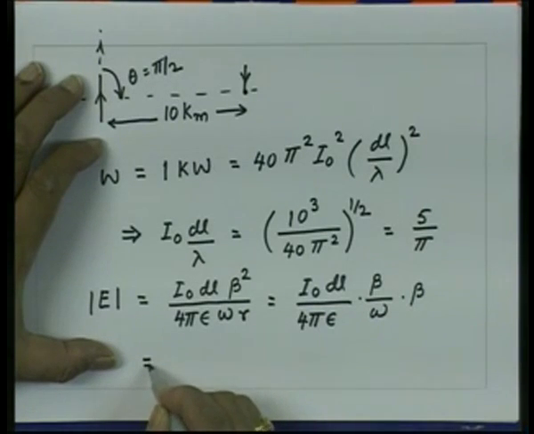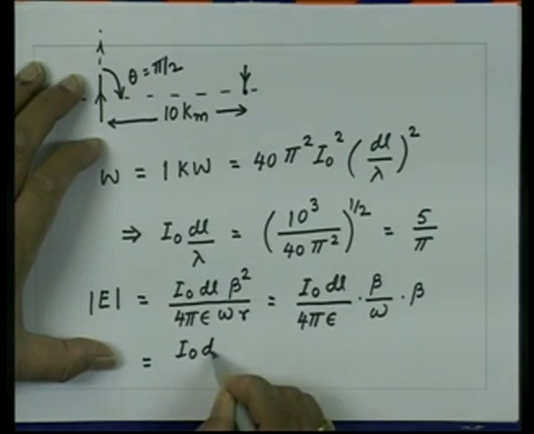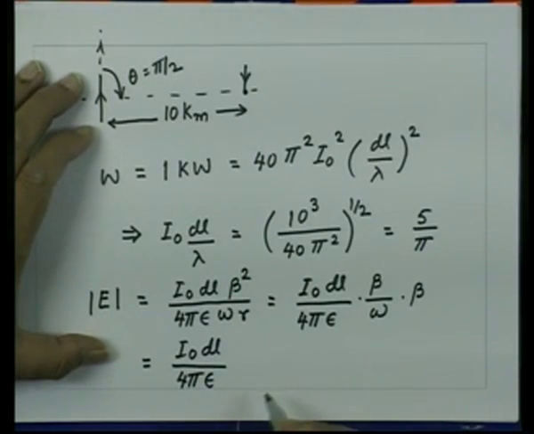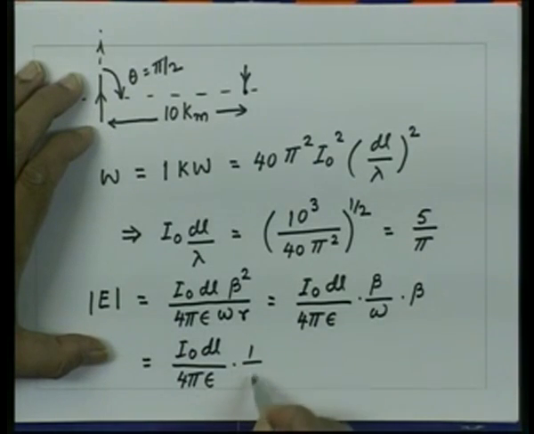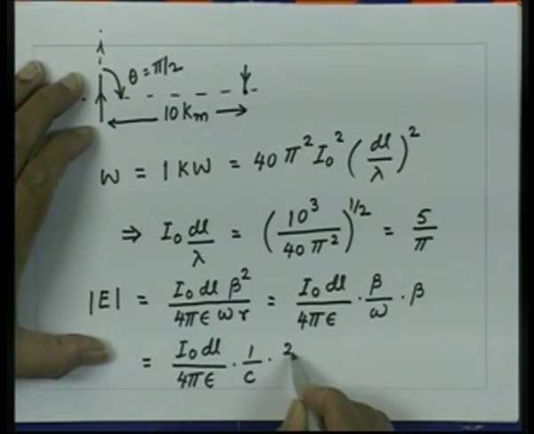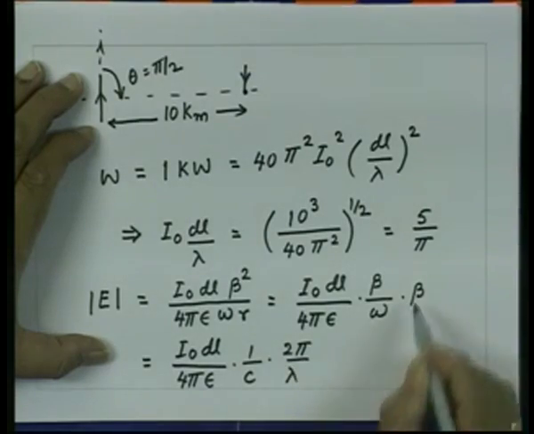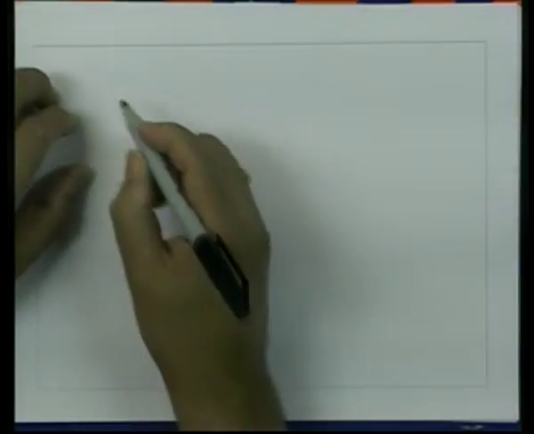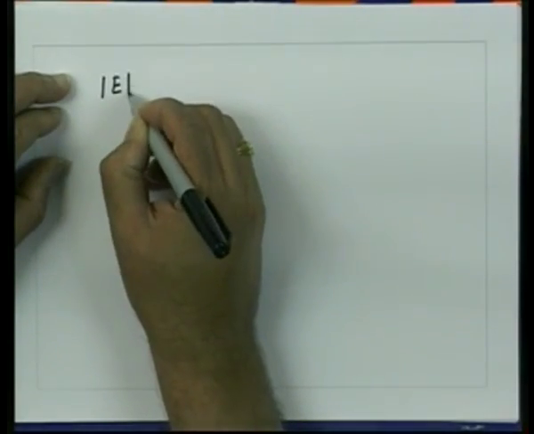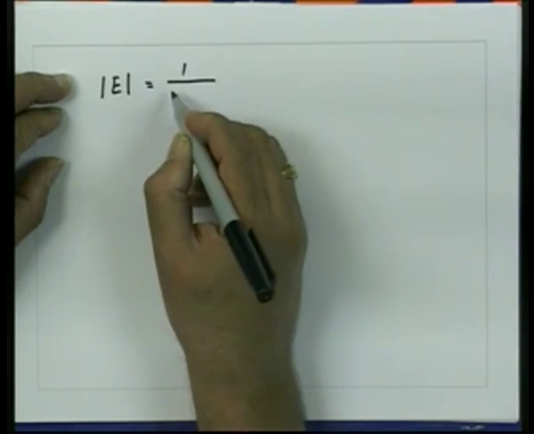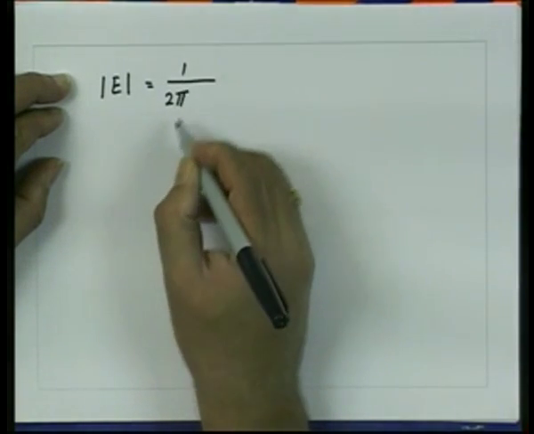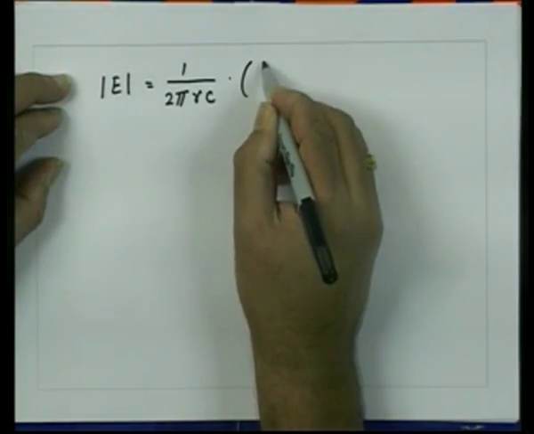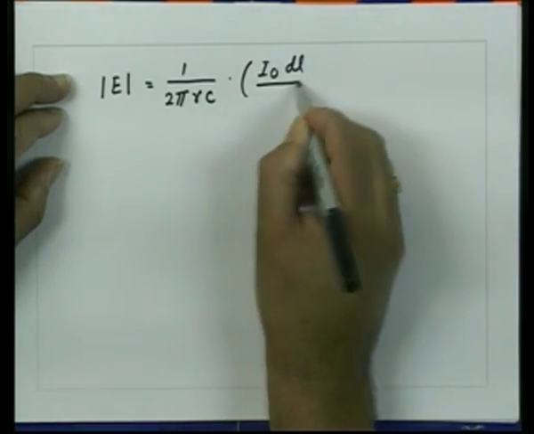So, we can get this equal to I0 dl upon 4 pi epsilon, 1 upon velocity of light multiplied by 2 pi by lambda for beta. So, substituting now for this, we get mod of electric field, that will be equal to 1 upon 2 pi r into c into I0 dl upon lambda.